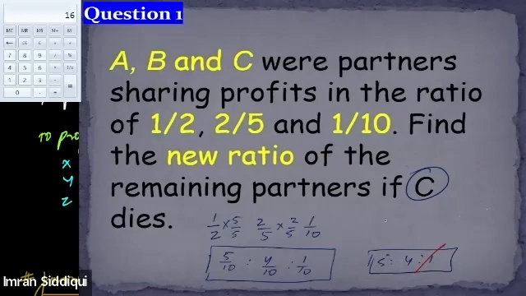So the remaining share will be 5:4, and this is the new profit sharing ratio for A and B. I hope this is clear to you.